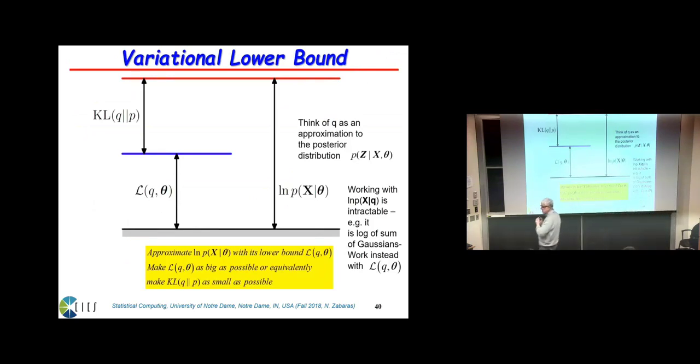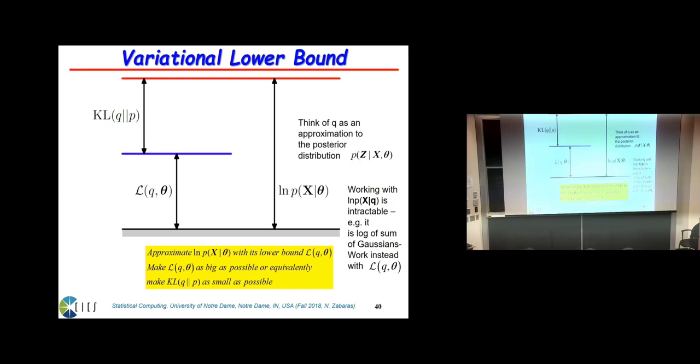Let me give you this graphically. It's a beautiful presentation in Bishop's book, if you want to read it. Very nice pictures, and it seems every other book uses the same plots directly from Chris Bishop's book. So this is the log likelihood, and it consists of two terms: one is the lower bound, and the other is the KL distance.